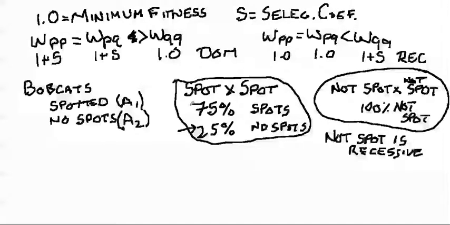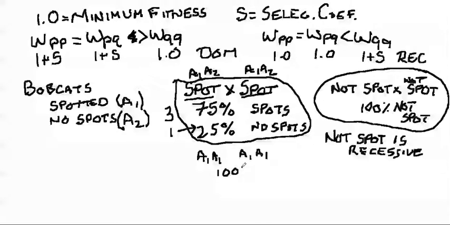If you look here, we have our classic 3-to-1 ratio. That tells us then that this spotted individual must have been a heterozygote, and this spotted individual must have been a heterozygote as well. Because if they were both homozygous for the spotted allele, then you would have 100% spotted.